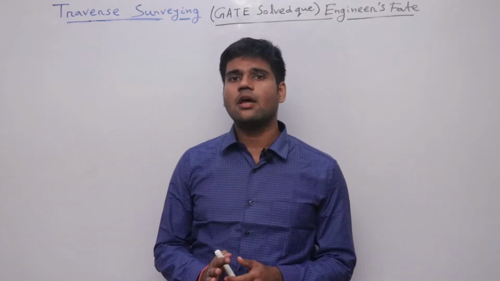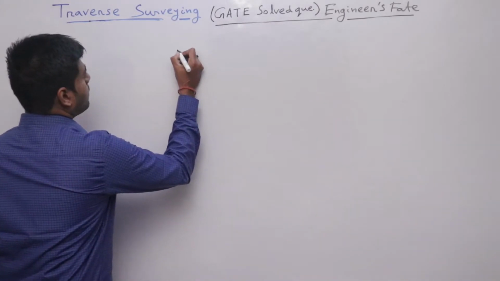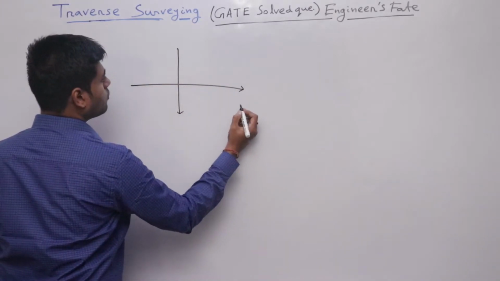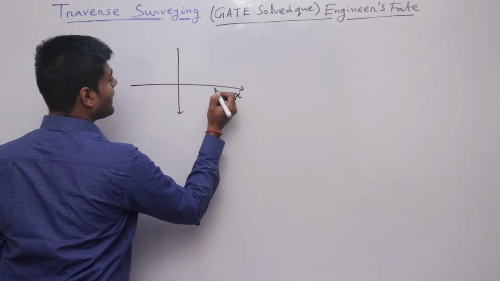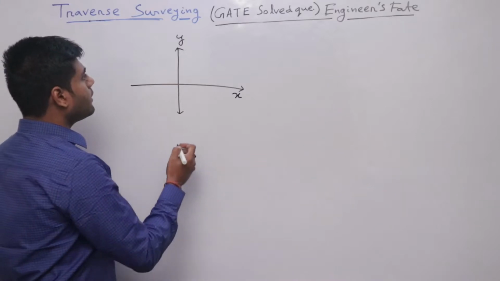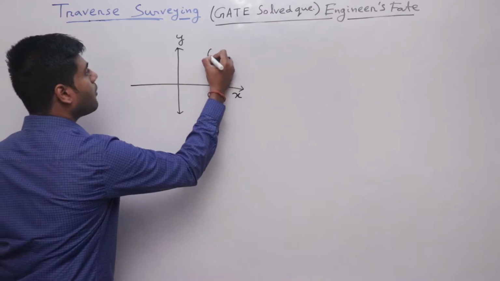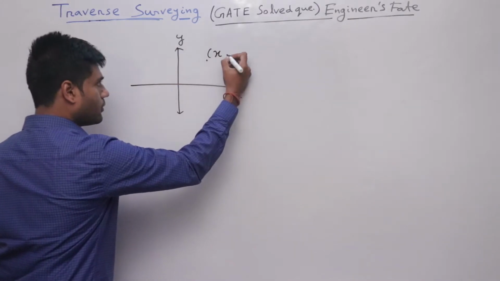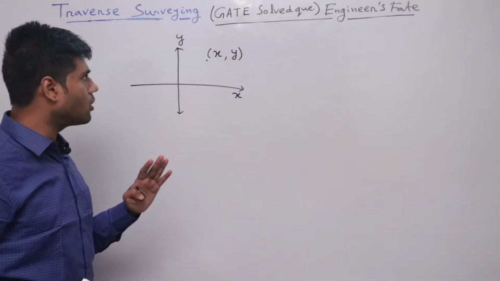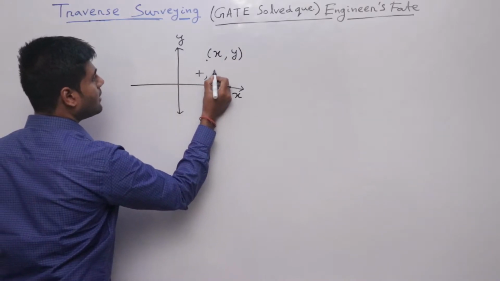Please pay attention. I will be discussing a very important concept. I hope you have studied coordinate geometry. In coordinate geometry this is the x axis and this is the y axis. If there is a point, how do I denote that point? I denote the x coordinate first, then the y coordinate. So in this quadrant x is positive and y is positive.